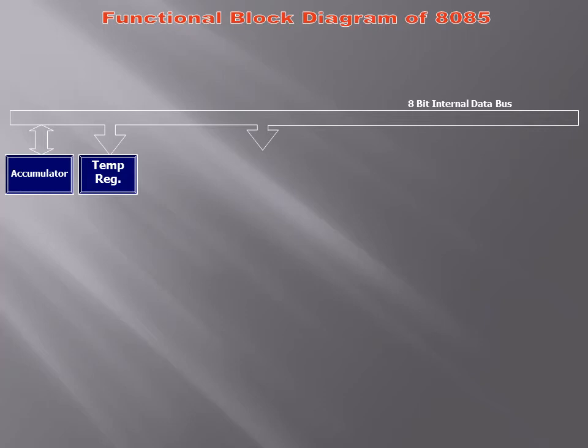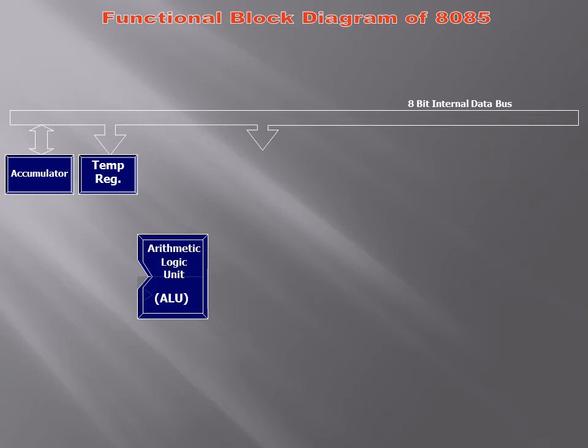How it works on the data is through an important unit, the arithmetic logic unit in the microprocessor, which is connected to this accumulator, and associated with it is the temporary register also. Whatever data is to be processed by the accumulator, it processes with the help of the arithmetic logic unit.